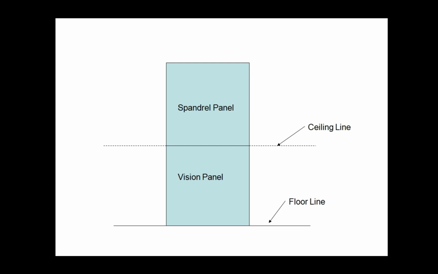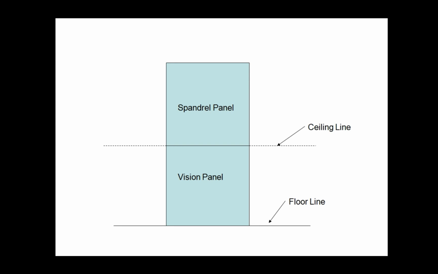And then if you're using the windows up and through, there's a difference between the panels that you're using as actual windows, and the similar looking panels in areas where there's no view between floors, that hide the structure of the building, and all the areas where the mechanical and lighting and electrical equipment is, until you get to the next floor where you'll have again a vision type panel where you need to see out.